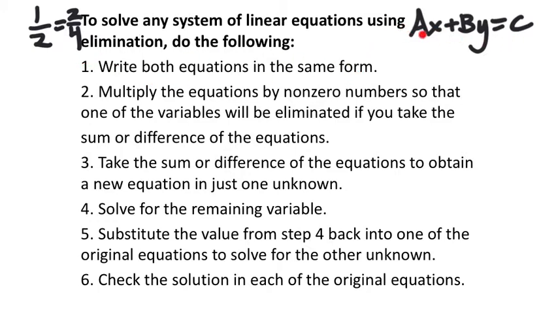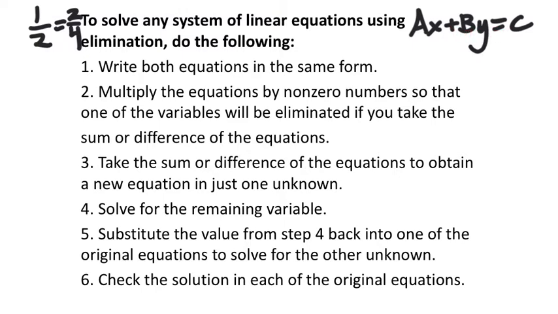Usually it's in this format. You could change both of them into slope-intercept form, but usually if you do that, then the strategy would become more of a substitution kind of thing, because then you got y equals something. So we're generally looking to change our equations into this standard form notation.